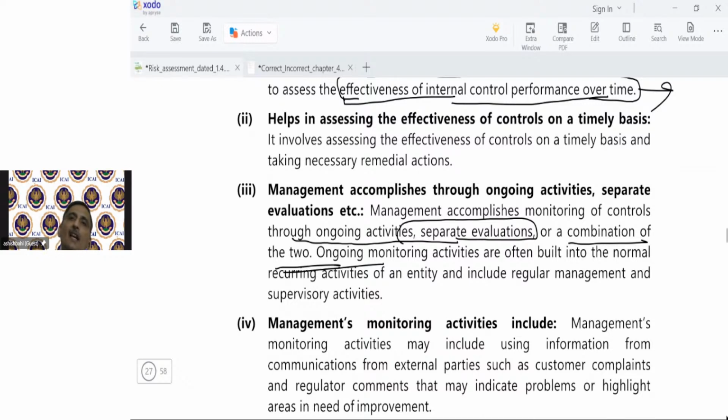Like there is a control that physical verification of stock is to be conducted at quarterly intervals. So whether this control has been effective or not, what were the observations of the persons who made the physical verification, or what were the observations of responsible persons. So the evaluation process is also an ongoing process. Okay, or it can be separate also.